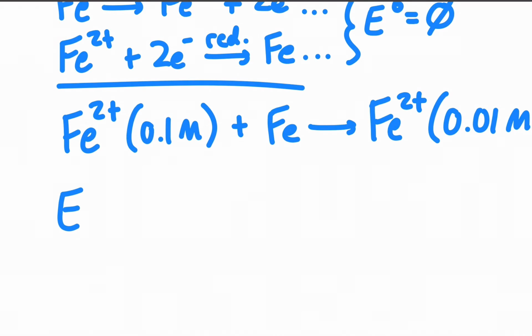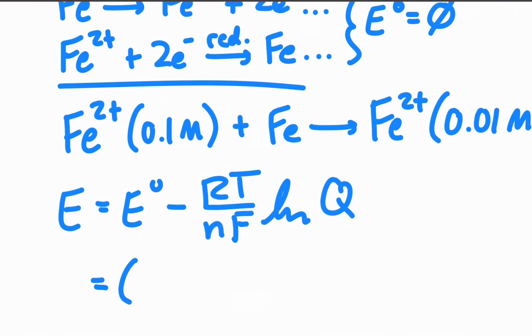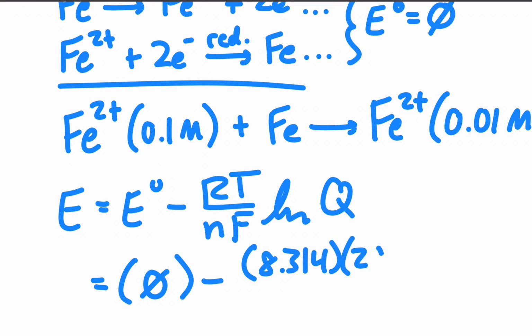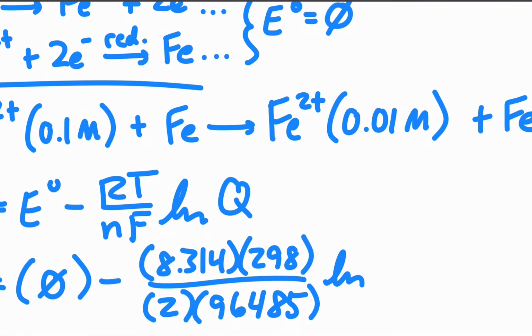So E is E standard minus RT over nF, natural log of Q. And if we plug in up above, E standard is 0 minus 8.314 times 298 all over 2 moles of electrons times Faraday's constant, 96485, times the natural log of, let's see, the product over the reactant, which is 0.01 all over 0.1.